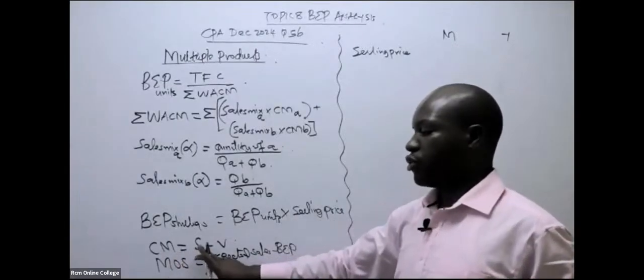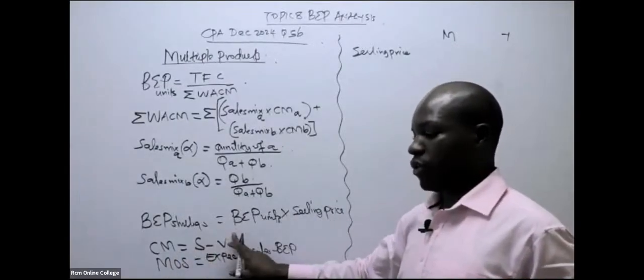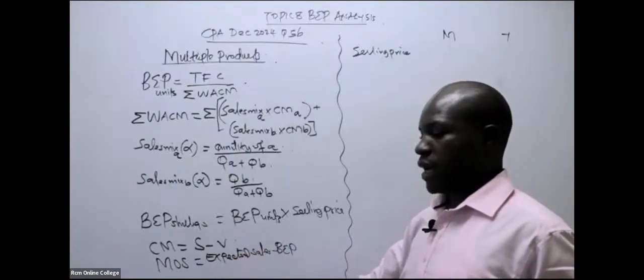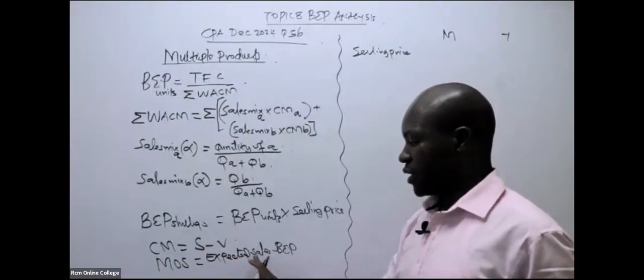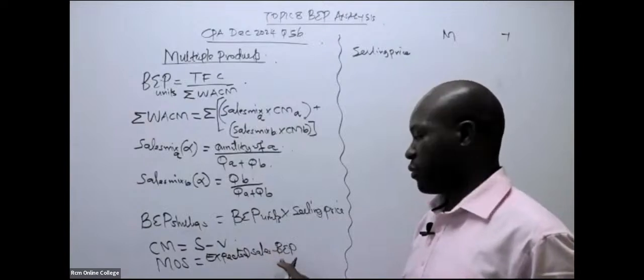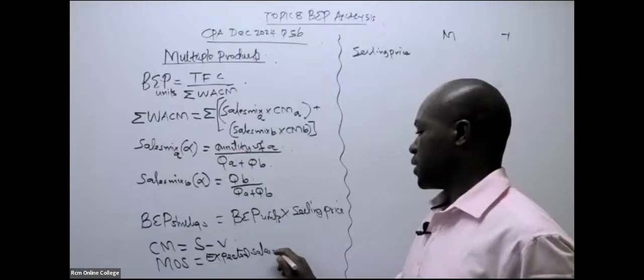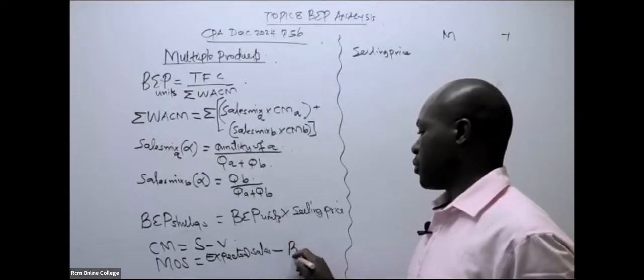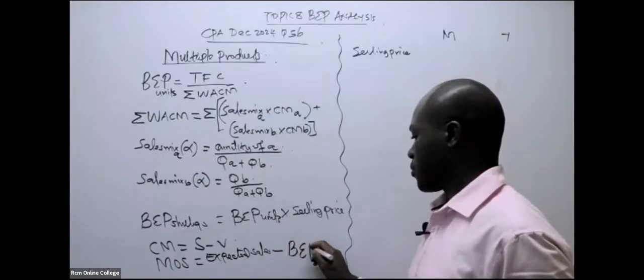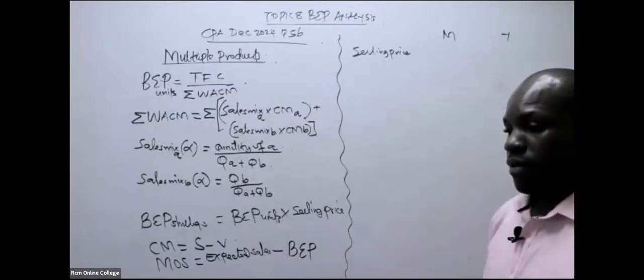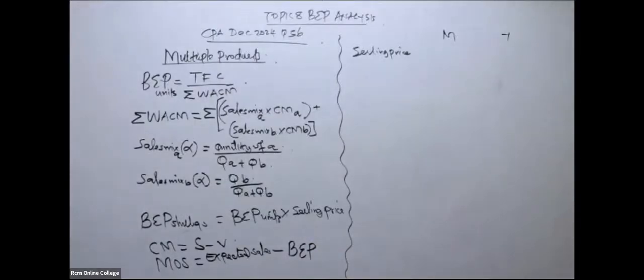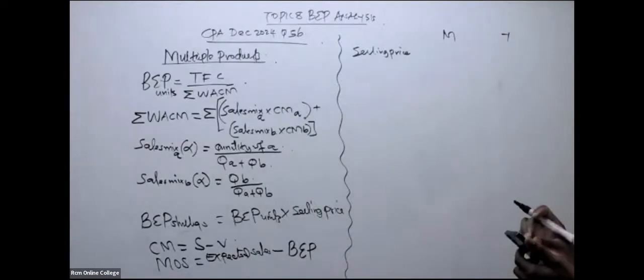Contribution margin is equal to selling price per unit minus variable cost per unit. Then margin of safety is expected sales minus break-even point. Great.